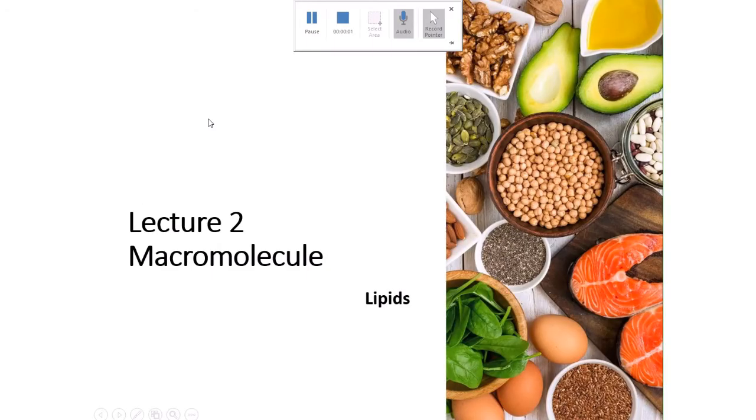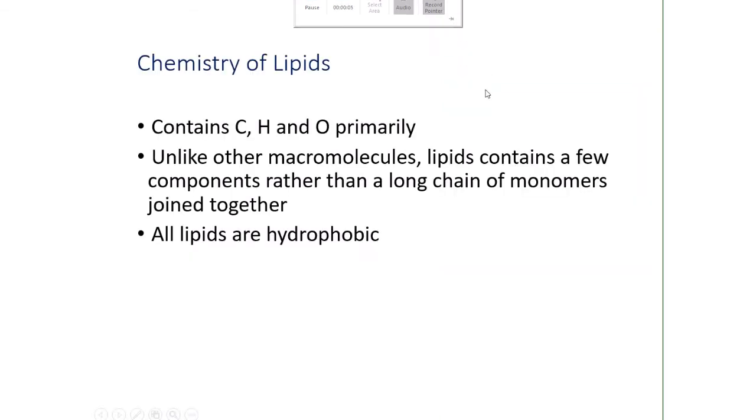The next macromolecule we are going to be looking at is lipids. Just like carbohydrates, lipids consist of carbon, hydrogen, and oxygen primarily. There is some phosphate in certain types of lipids, but for the majority of the lipids, it is going to just contain these three elements.